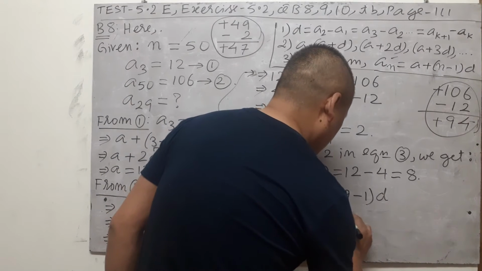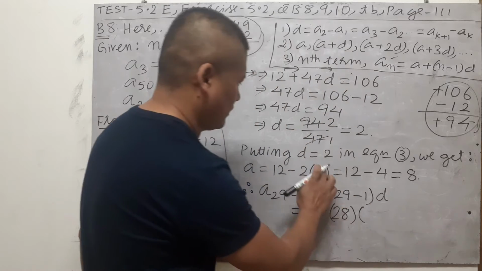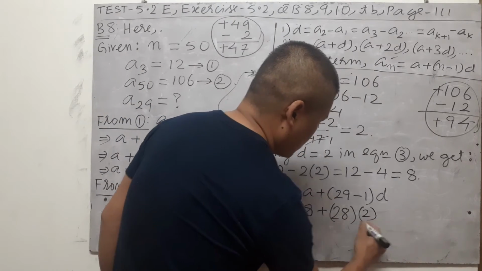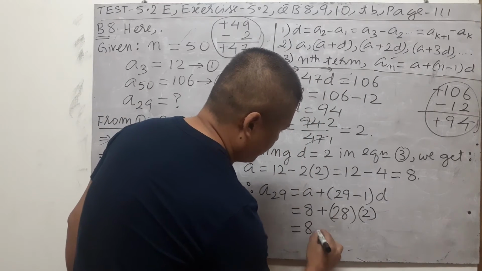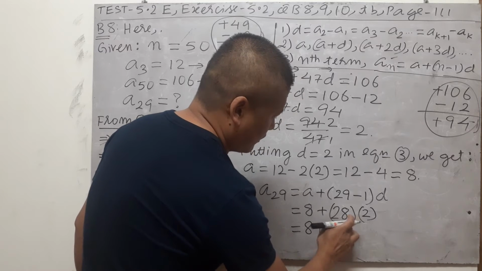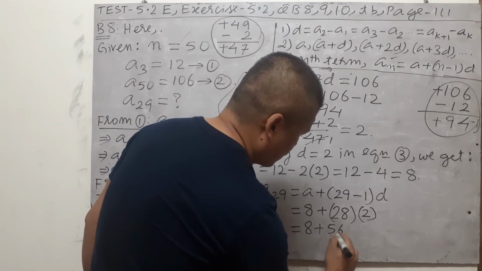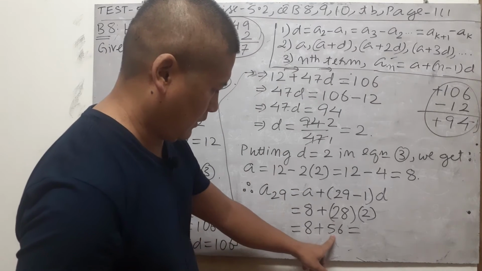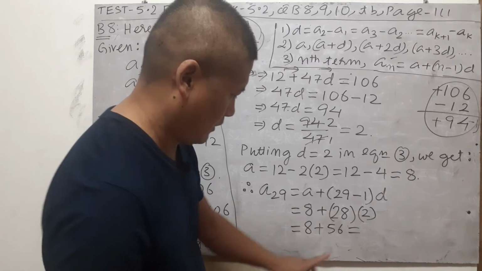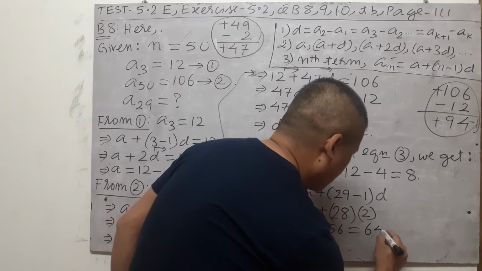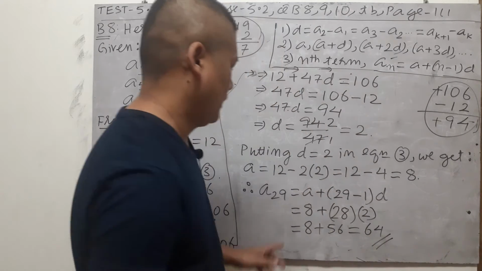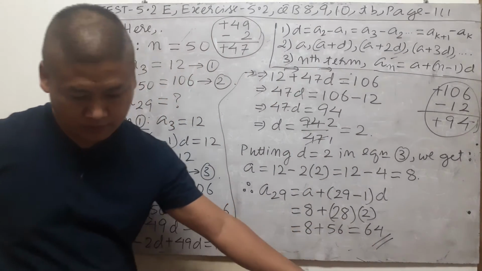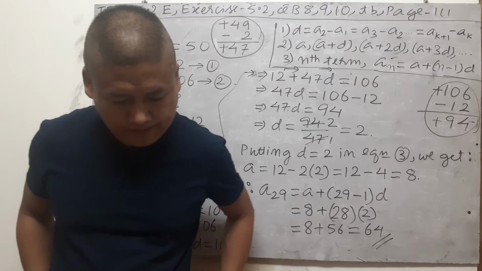So you write 28 into d value, as you can see, is 2. So we're going to get 8 plus 28 into 2 is 56. So that will be equal to 64. Yeah, 64. So the 29th term value is 64. Same as the textbook answer, yes.